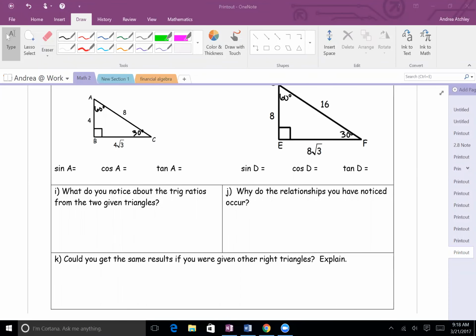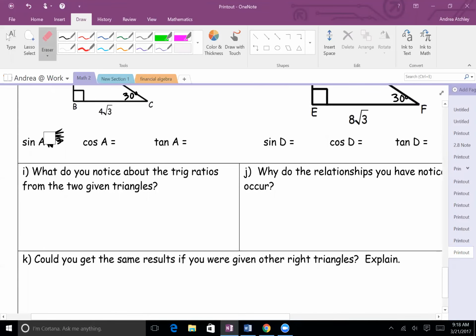Okay, so what did we notice? We raise our hands. Yes. The ratios are the same. Okay, the trig ratios are the same for each triangle. So for the sine of A here, we got the square root of 3 over 2.